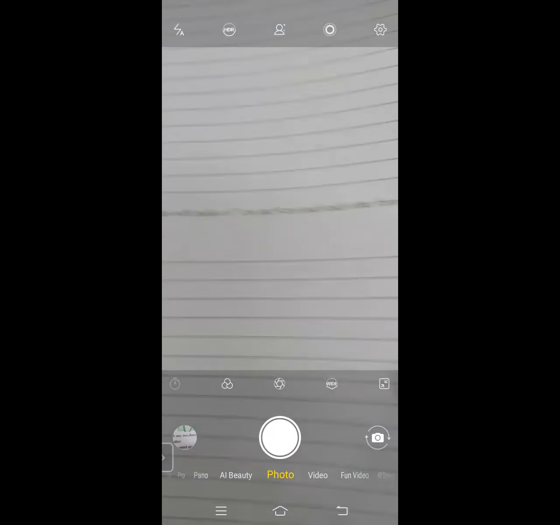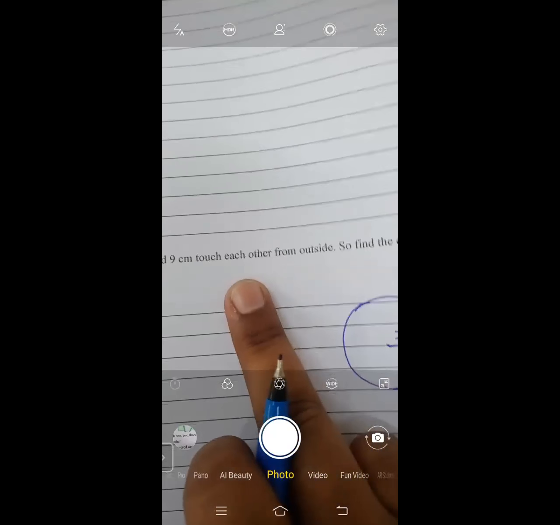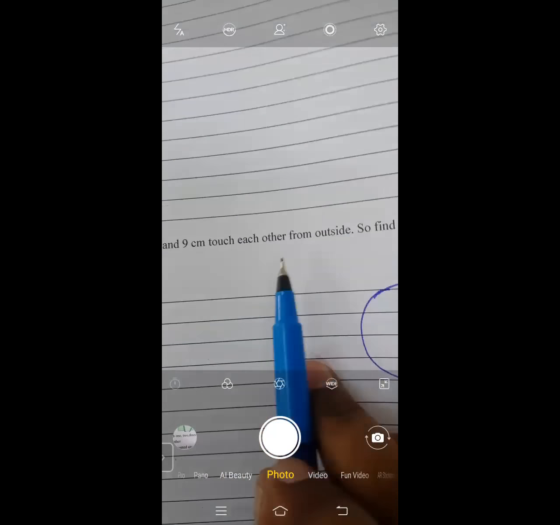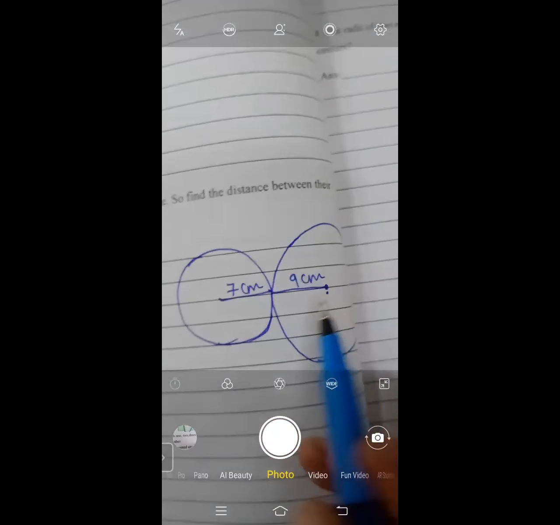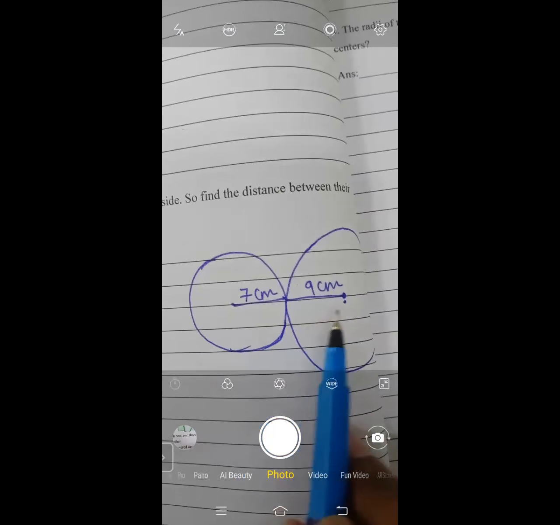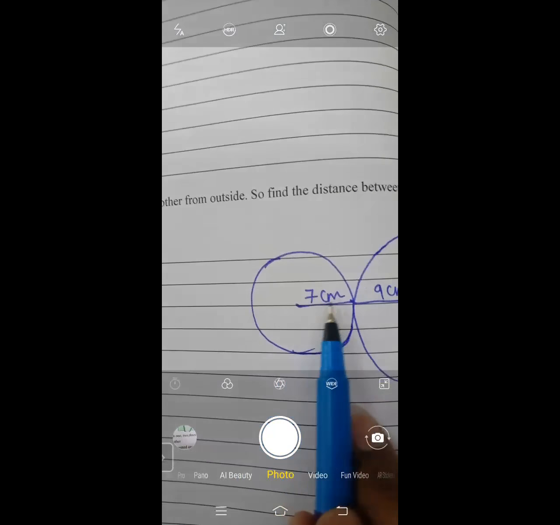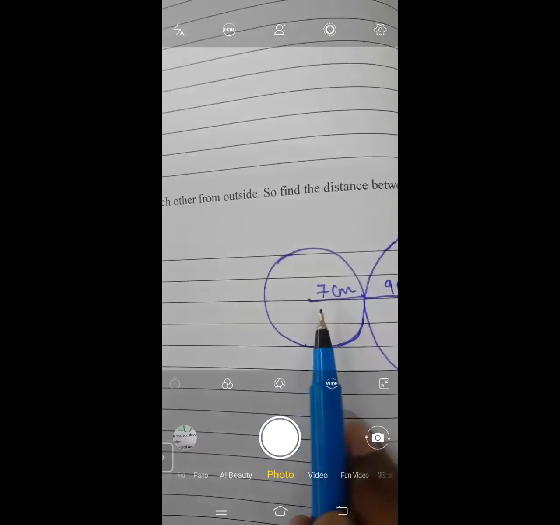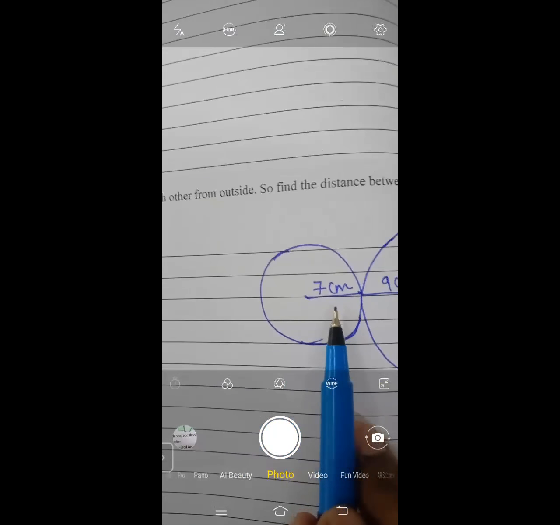I hope you people are finding it easy. Circles with radius 7 centimeter and 9 centimeter touch each other from outside. Abruptly we have taken these measures. These are just circles, one having 7 centimeter radius, another having 9 centimeter radius.